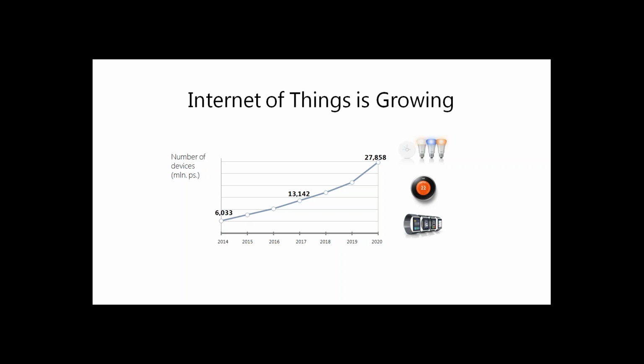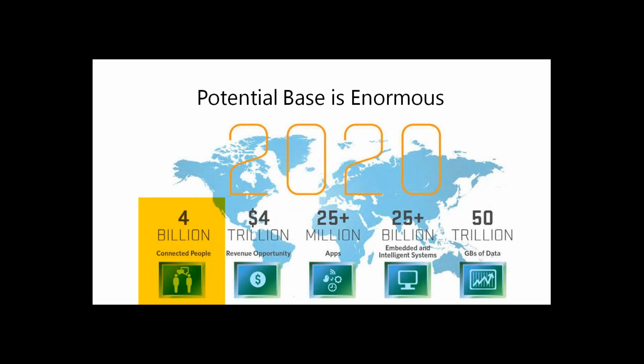And there is a dramatically big potential base for us as a platform to make modules, to sell them to installers, to integrators, and then with Bongo to end customers. Now they predict about 4 billion people will be connected using these kinds of devices. They can be various devices, or it could be just phones, and so on.